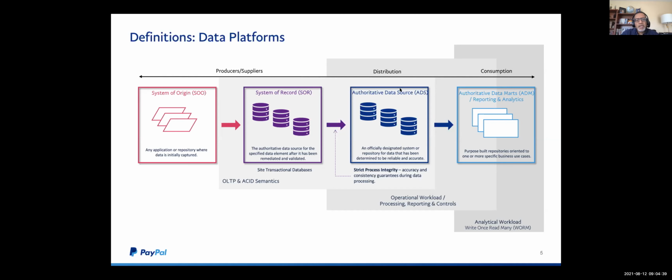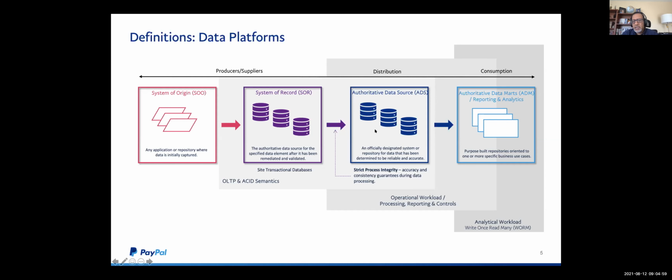So here at PayPal, we have the OLTP side of the house, which is the system of record. This is where we need to create high-scale systems. But this data doesn't sit here because it needs to be analyzed, processed, and reported on.